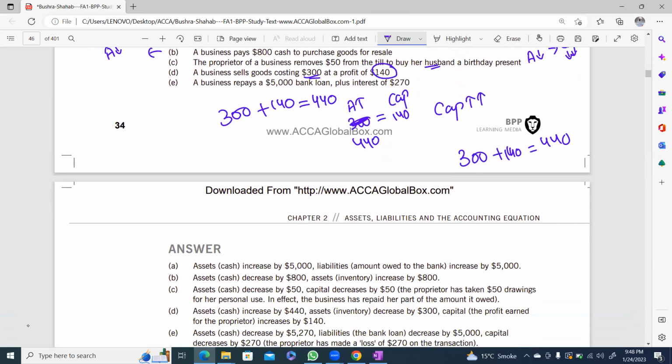A business repays a 5,000 bank loan plus interest of 270. Interest is an expense, and expense will affect the profit and capital indirectly.